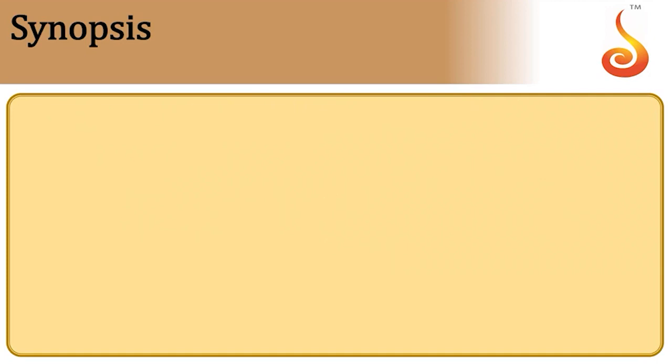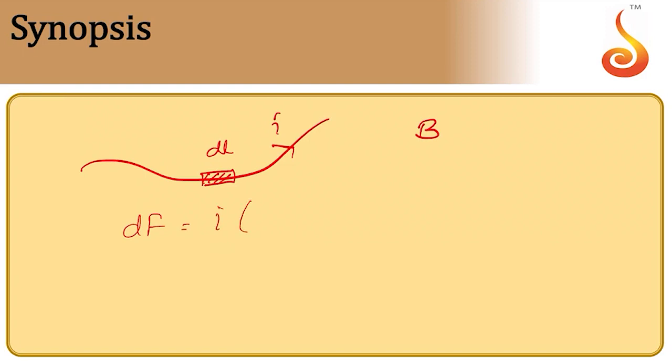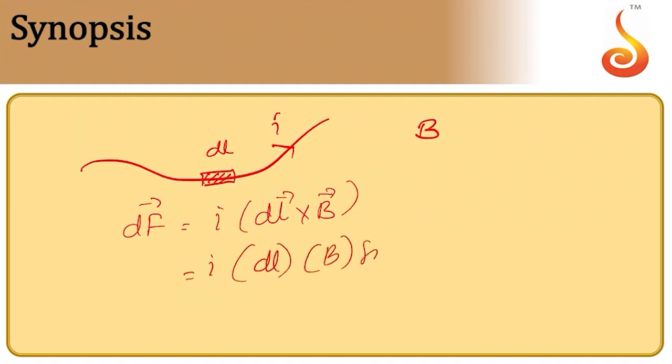If it is a varying magnetic field, or if the conductor is bent and if the magnetic field is B, then we take a small portion of the current carrying conductor whose length is dl. The force on that part is given by I into dl cross B, or we can write it as I dl B sine theta, and in order to get the net force we integrate this.